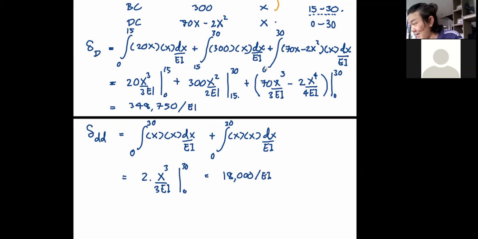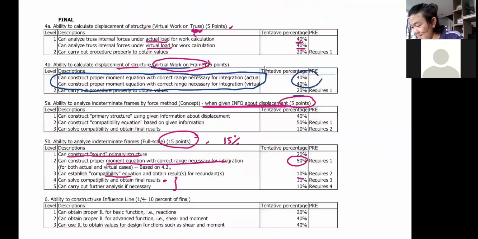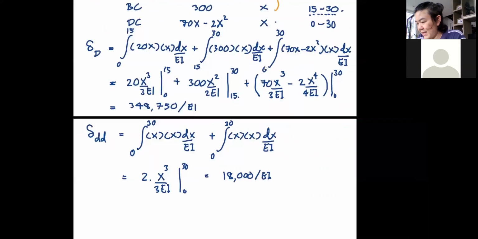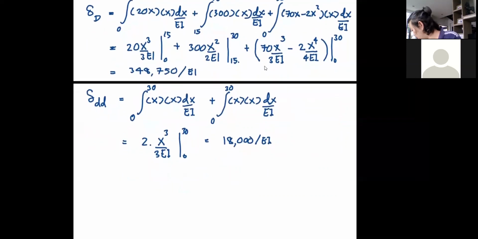Again, you can see that if you've come this far, you are 70% already. So yeah, let's go back here. Now, step number 5 is to establish compatibility.